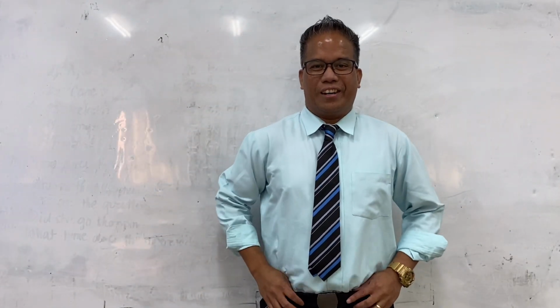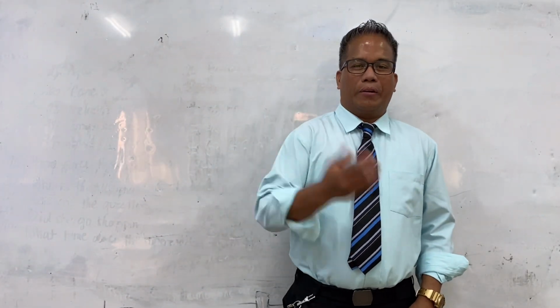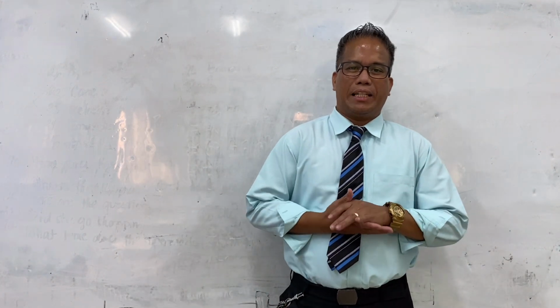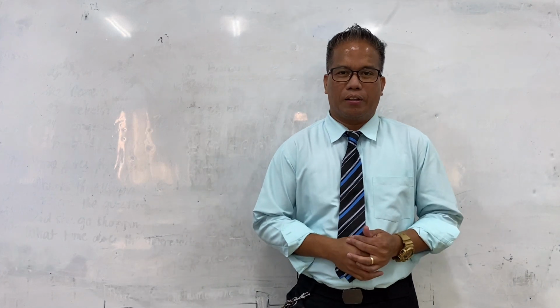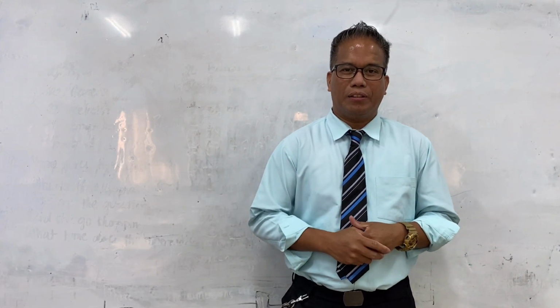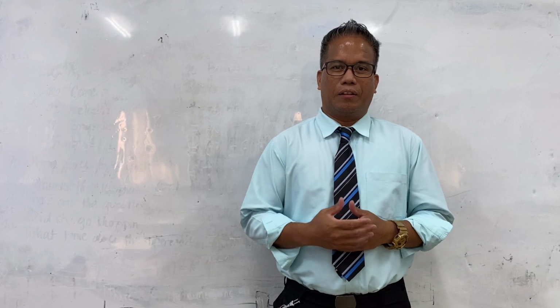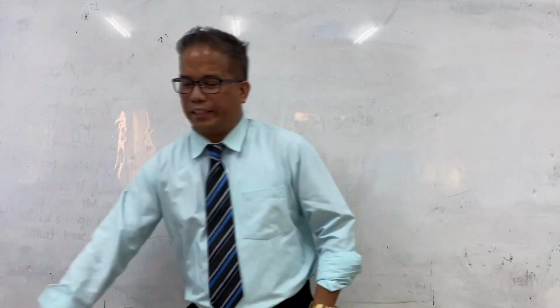Okay, our next question is, we are going to determine the possible combination of positive and negative zeros of the given polynomial function using the Descartes rule of signs. This is the example, guys.